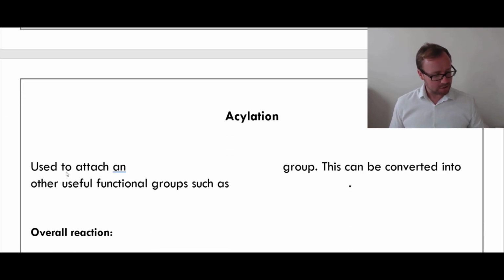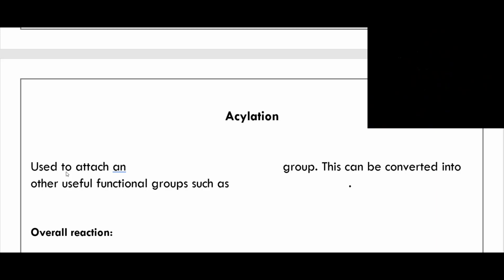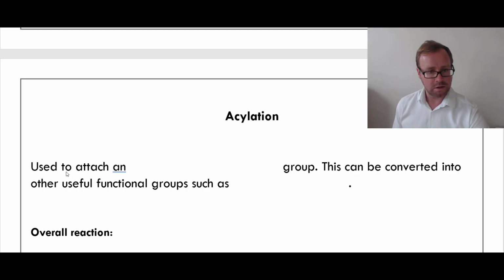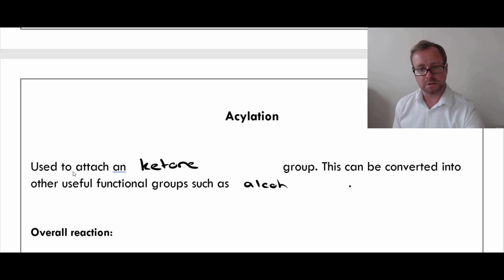So what is acylation? Acylation is used to attach a ketone group, and this can be converted into other useful functional groups, such as, well, we can have lots, maybe alcohol, maybe carboxylic acid.